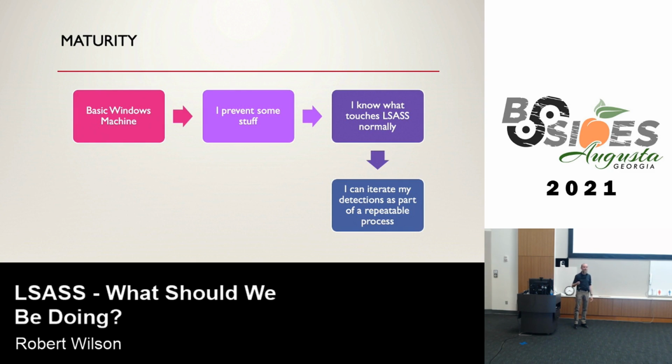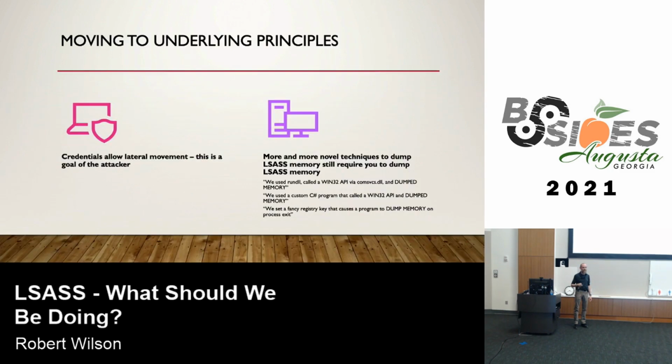But one of my pet peeves is the thought that these kinds of things can be like a light switch, like "LSASS is protected now," which you can't do with basically anything. All of these have to go into iterations, which also allows you to move toward underlying principles, which is one of the things the MITRE ATT&CK framework helps with.